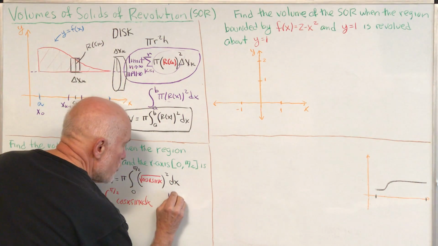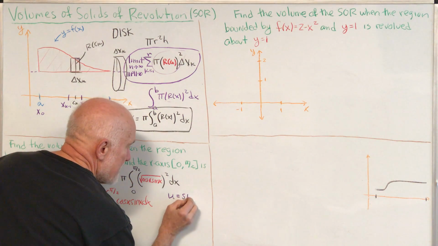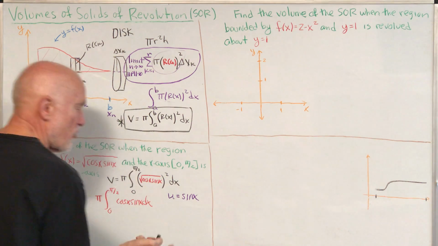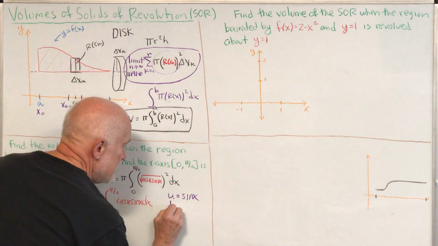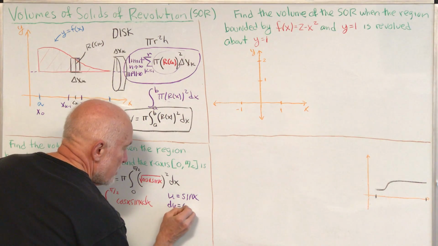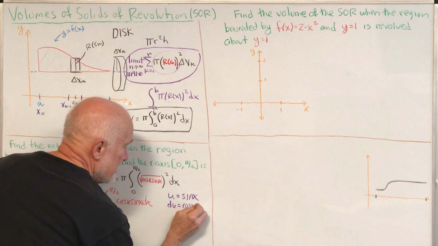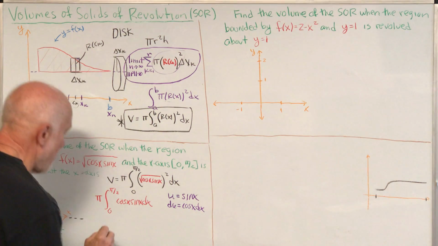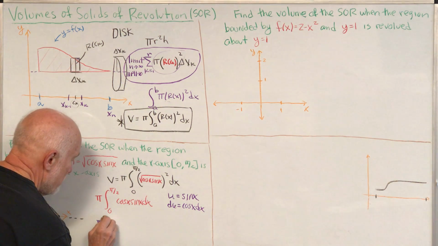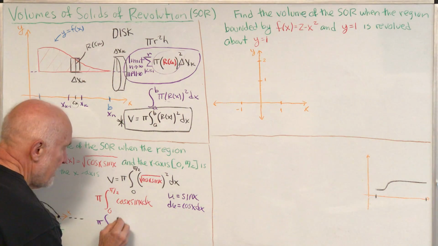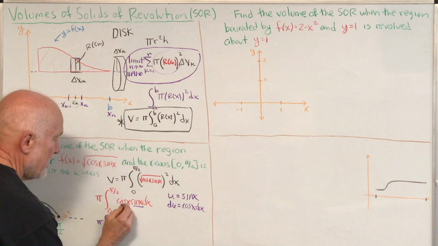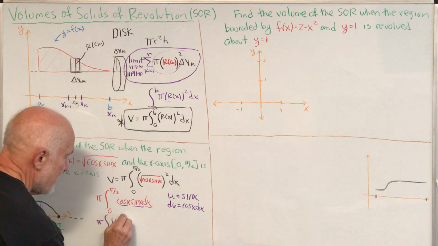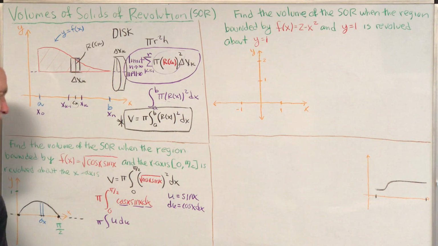So if I let u, you could either let it be the sine of x or the cosine of x. I'm going to pick u to be the sine of x. Du is cosine of x dx. So then this writes nicely as just the sine of x is u and the cosine of x dx is du.